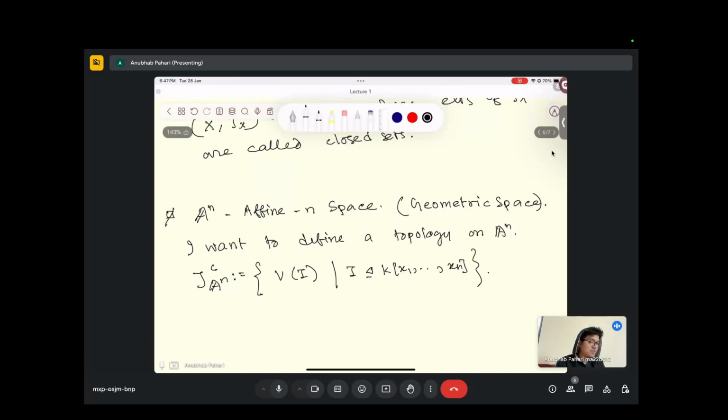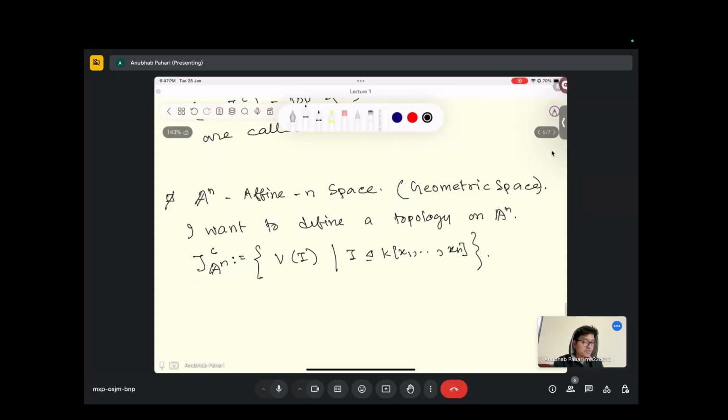Elements of V(I) are from A^n, where x1 up to xn are independent variables, so they correspond to the n coordinates.